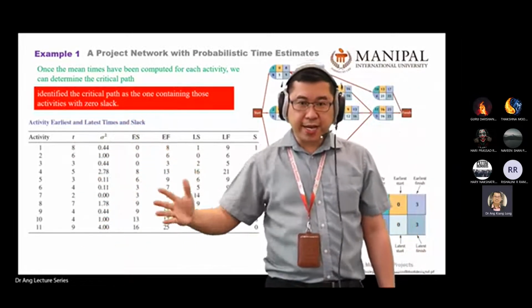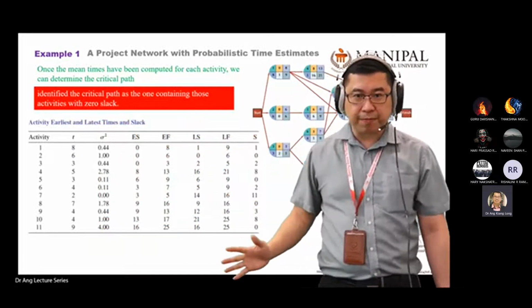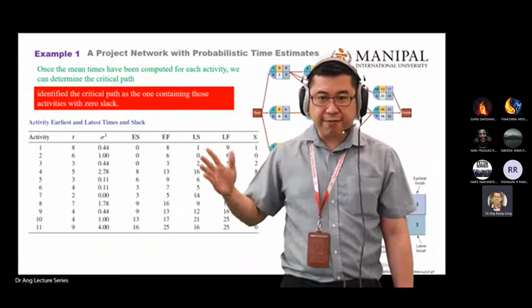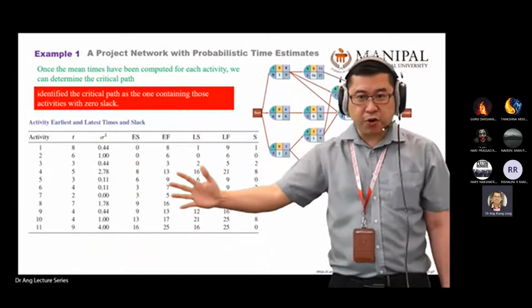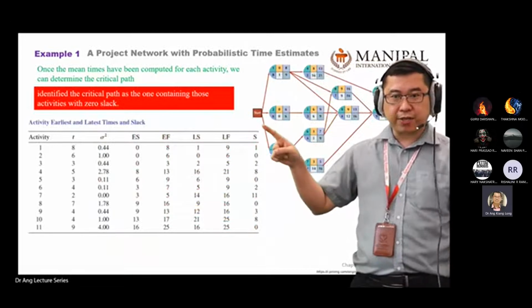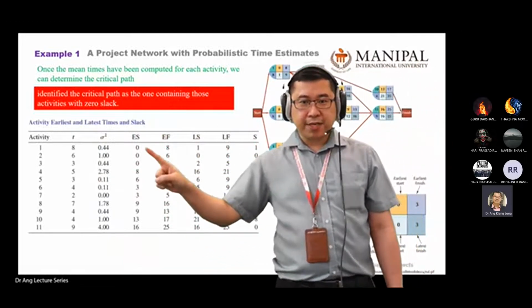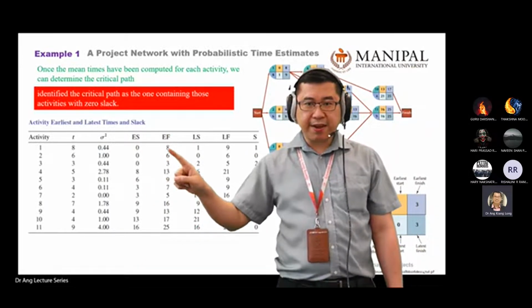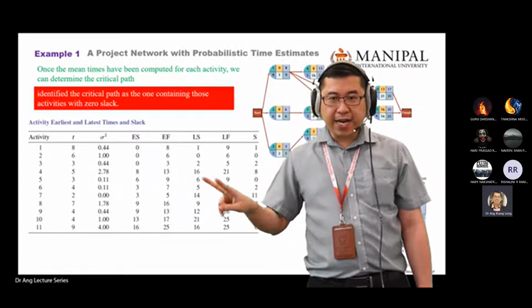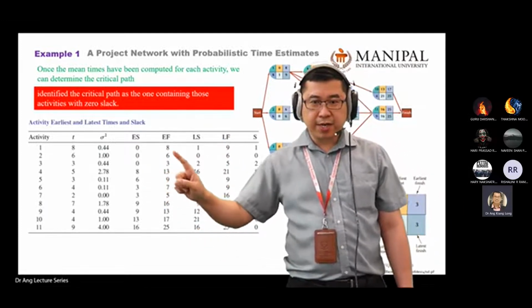Just extend another 4 columns: ES, EF, LS, and LF. The purpose of having these 4 columns is to calculate your slack time. How to find slack time? You focus on 2 columns only: ES minus EF, or LS minus LF. This one minus this one.